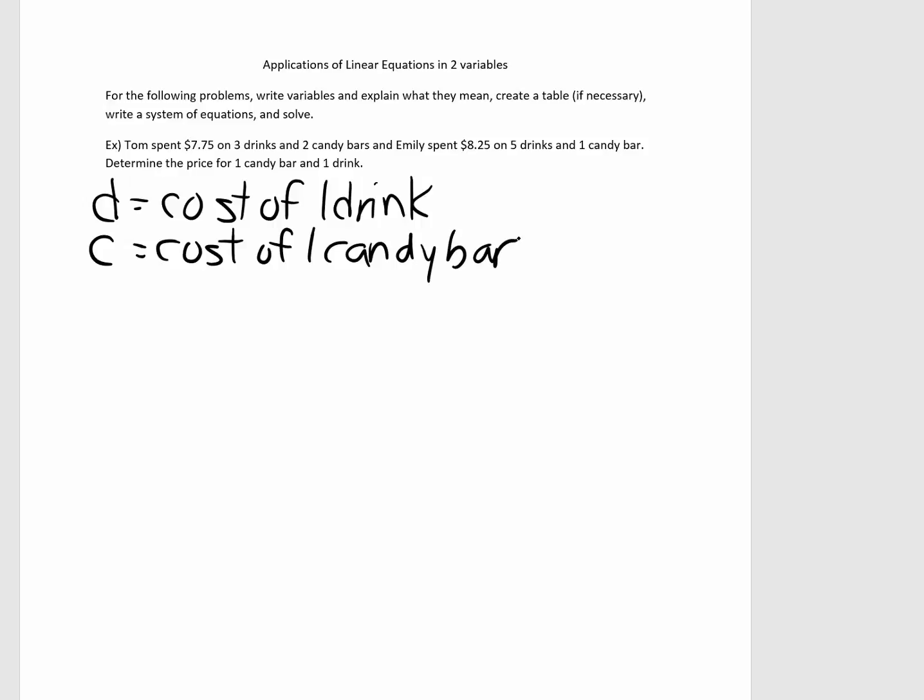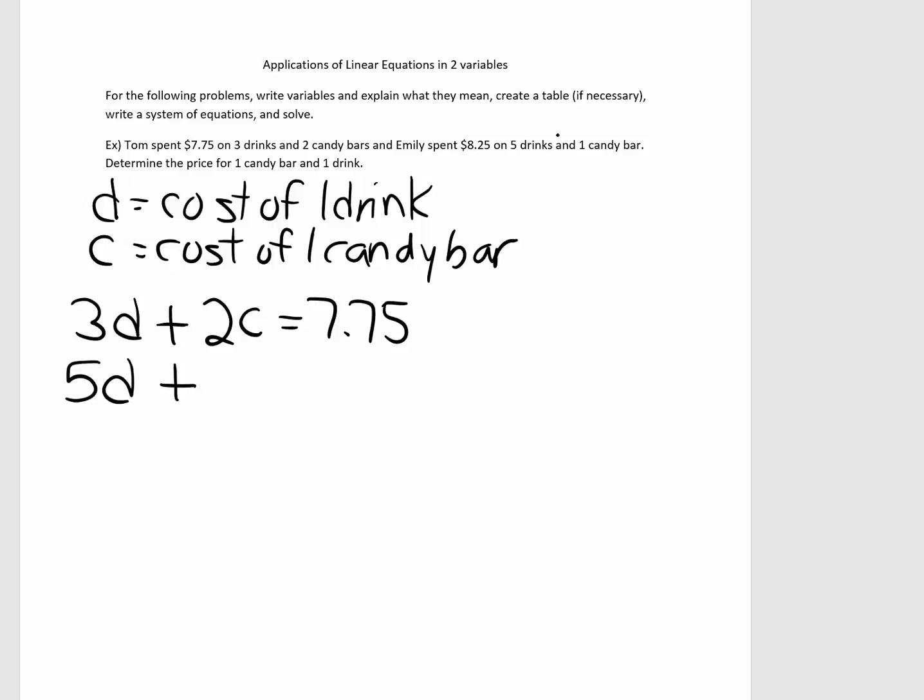Let's start with Tom. 3 drinks, that's 3D, plus 2 candy bars, that's 2C, and the total is $7.75. Now, let's go to Emily. 5 drinks, 5D, plus the cost of 1 candy bar, C, equals $8.25.